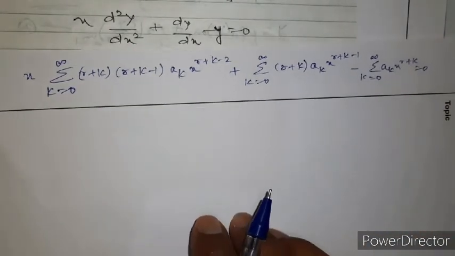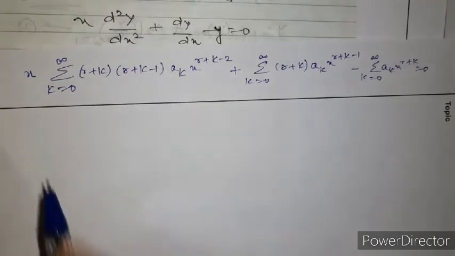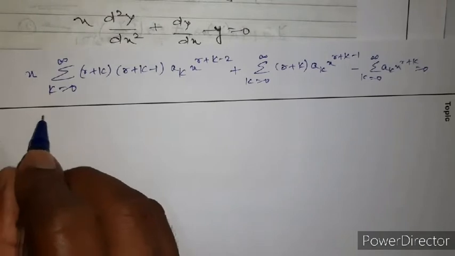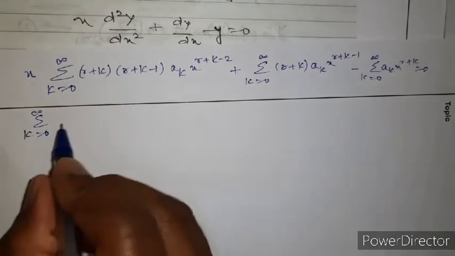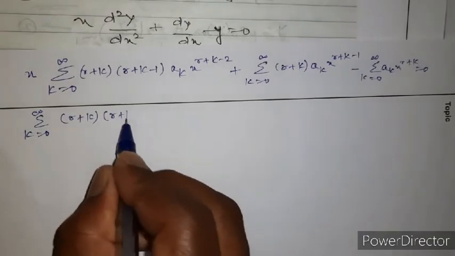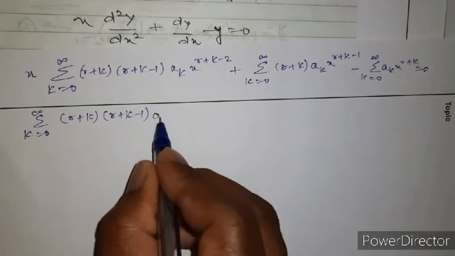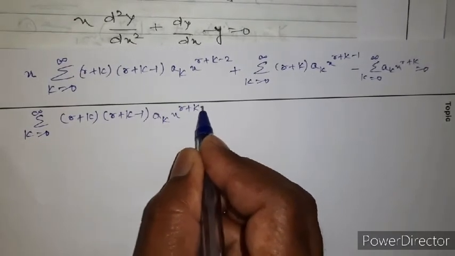Understood? Now multiply this x inside the series. So I get here series k equal to 0 to infinity (r plus k)(r plus k minus 1) a_k x raised to r plus k minus 1.